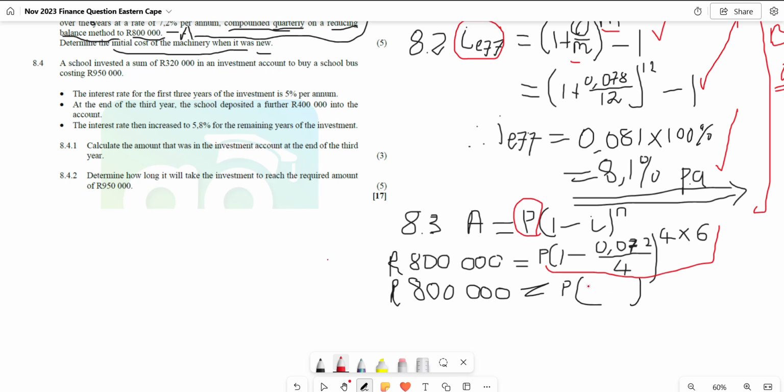This gives us 0.65 from the calculator, if we convert it to 2 decimal places. Then we are looking for P. Divide here by 0.65. This one cancels with this one, and also divide 800,000 by 0.65. Then P, the cost of this machinery when it was new, will be equal to 800,000 rand divided by 0.65.